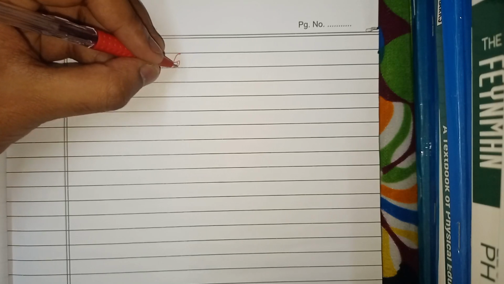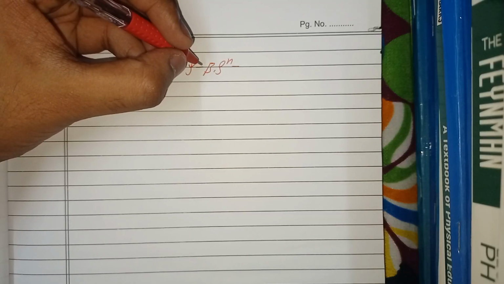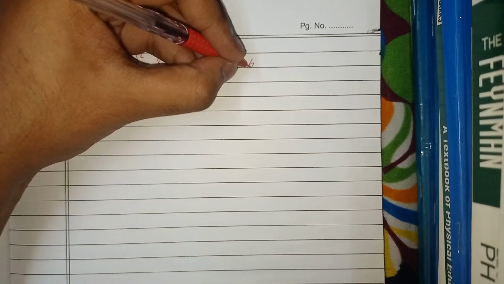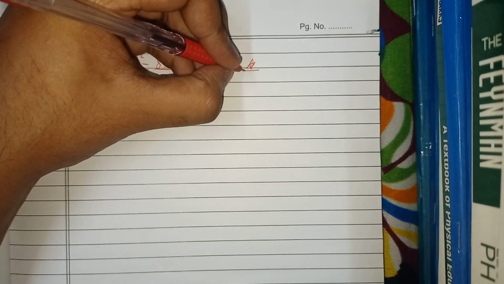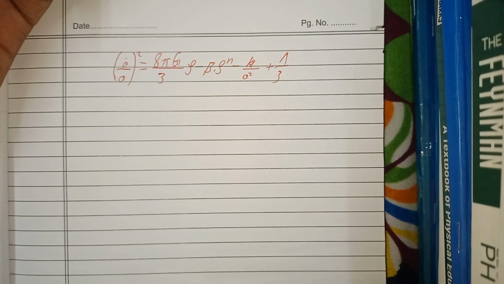What is that universal expansion theory? We don't know what this is. So this is the equation of mine. I made this. That is the equation I made, and this is K. But wait, this equation looks like the Friedmann equation.